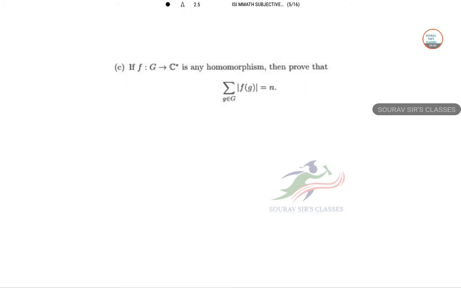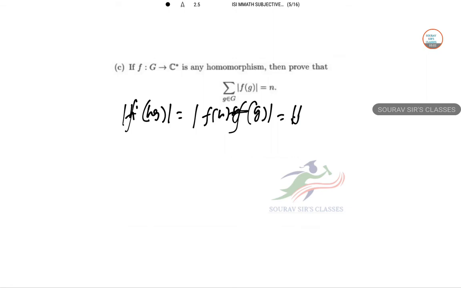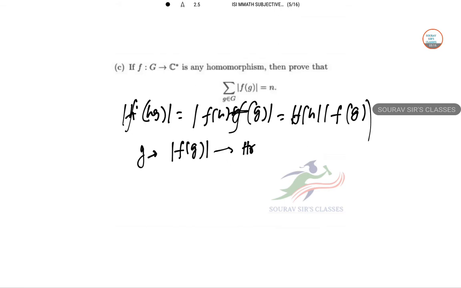So in this third part they have said that f from G to C is a homomorphism, then prove this. So in this case, the identity: mod of f(hg) is mod f(h) times mod f(g). So this implies that g going to mod f(g) is also a homomorphism.